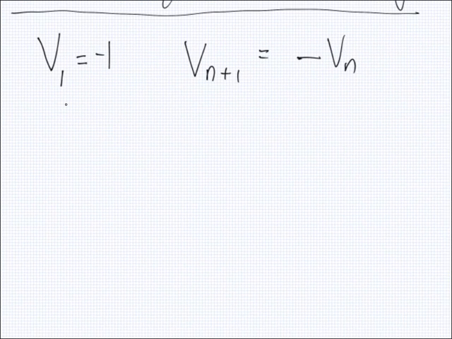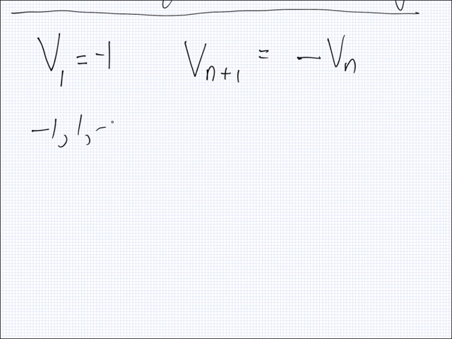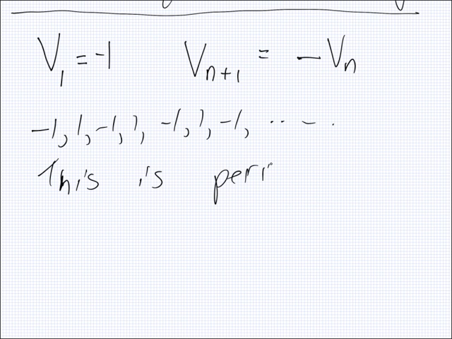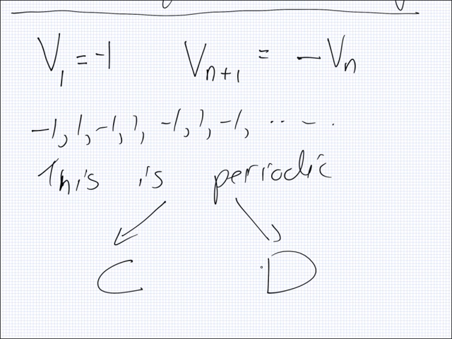Yeah, what's happening here? You start at -1, it's like this, isn't it? This is periodic. It seems to be repeating. Now, technically speaking, I want you to tell me, does that make it a convergent or a divergent sequence?